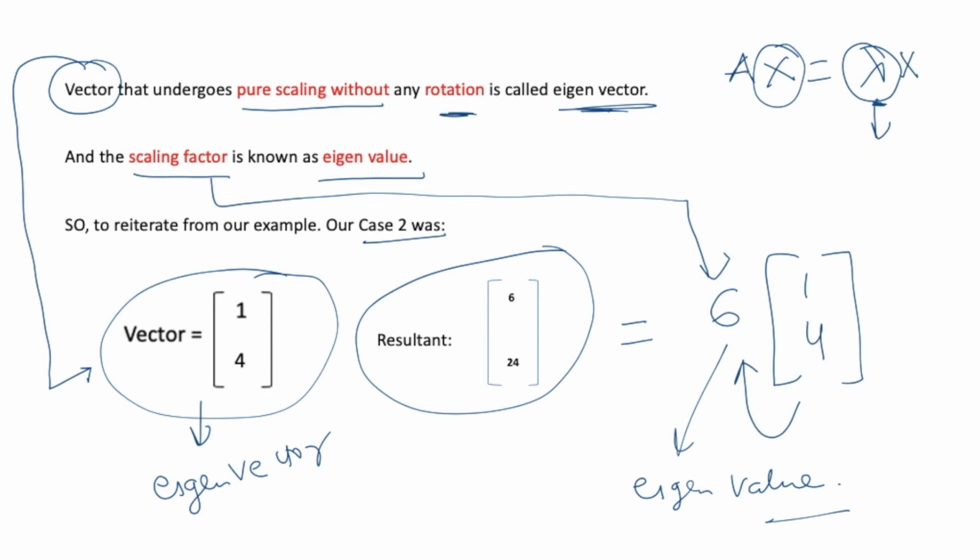This denotes the same thing we have seen in our cases. This is the matrix, this is a vector, and this is the scaling factor, and this is the same vector. These two are the same. Now you know what eigenvectors as well as eigenvalues are. Now you would be able to explain it to someone.